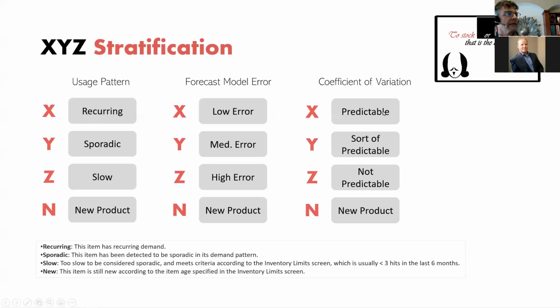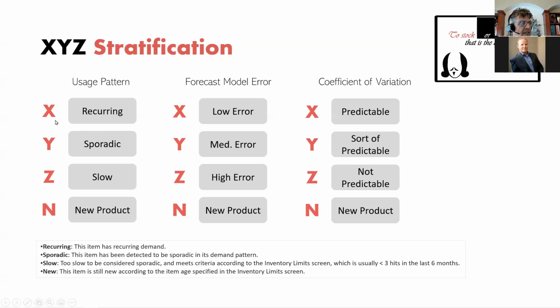The next part is the XYZ stratification, and this is probably not as well known, but it can be very helpful. And it's another axis on which we can grade our items and hopefully learn something from it.